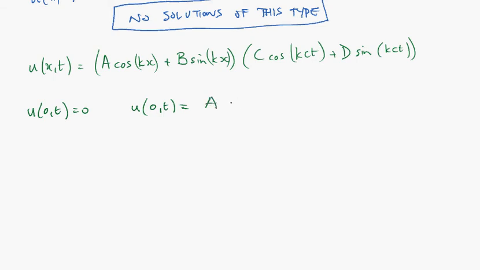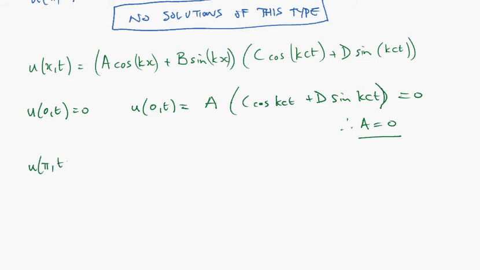Sine of 0 is 0, so we'll just get a times (c cos kct plus d sine kct) equals 0. So either the second bracket is 0 or a is 0. So for a non-trivial solution, a is 0. Brilliant, that's getting rid of lots and lots of things.